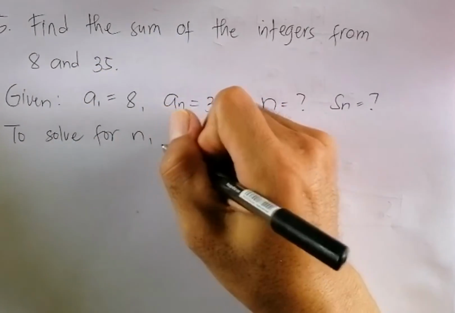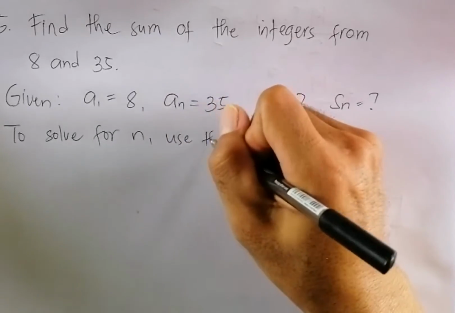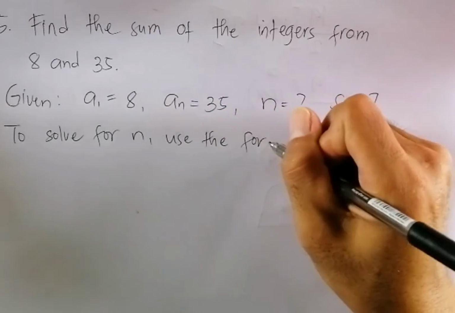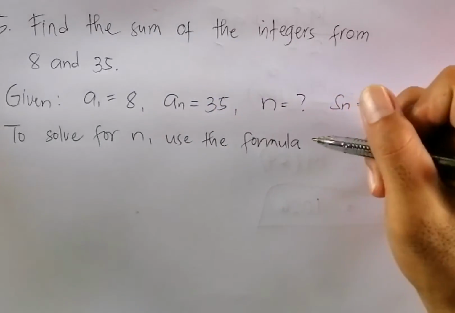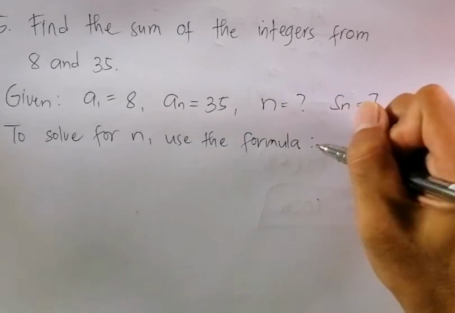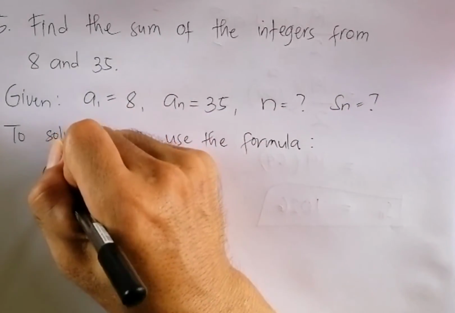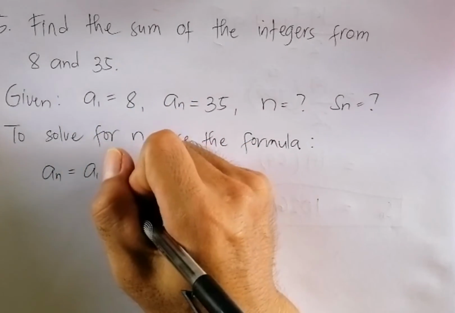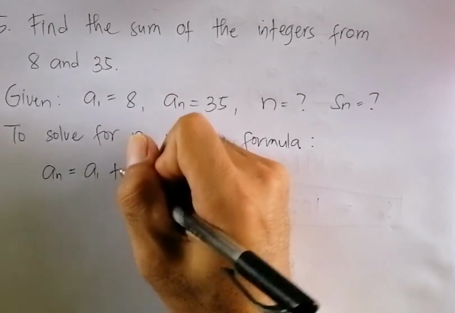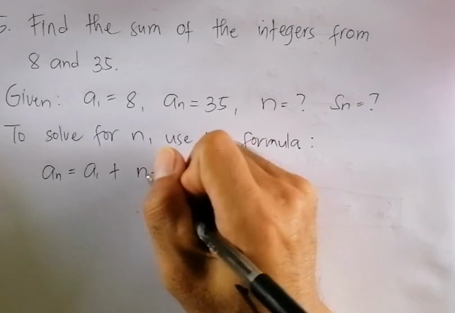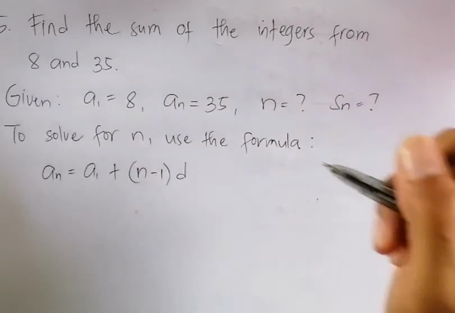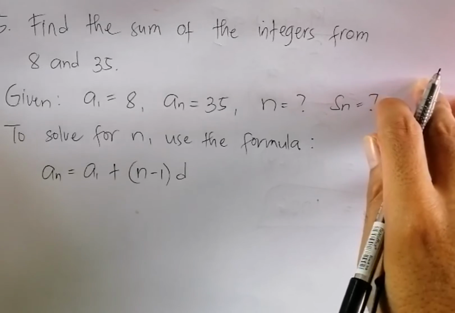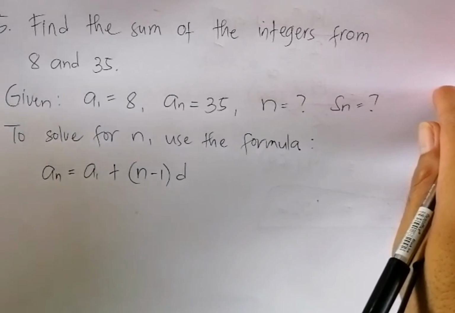To solve for n, use the formula a sub n is equal to a sub 1 plus the quantity n minus 1 times the common difference.